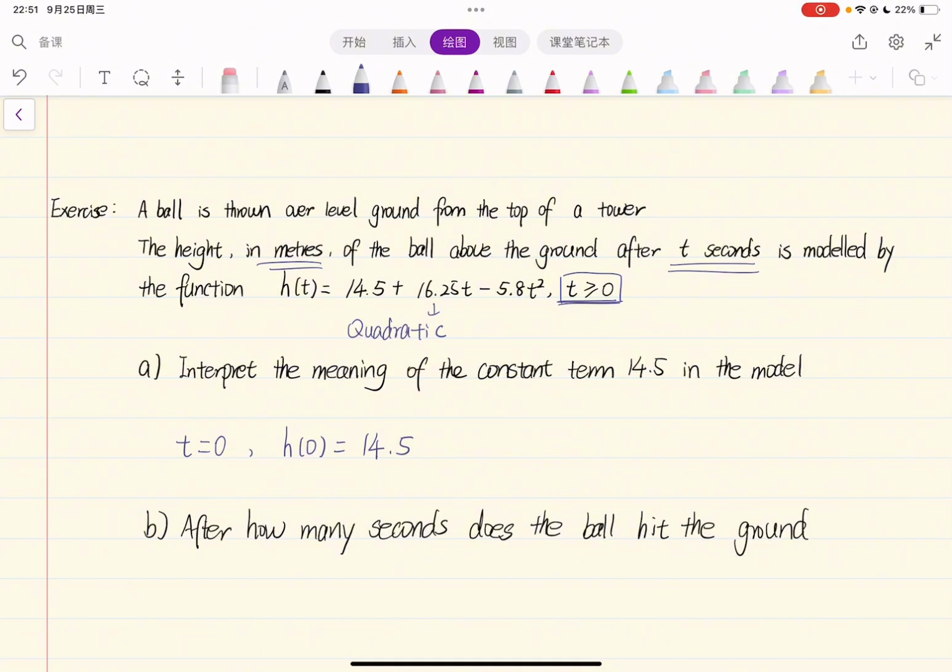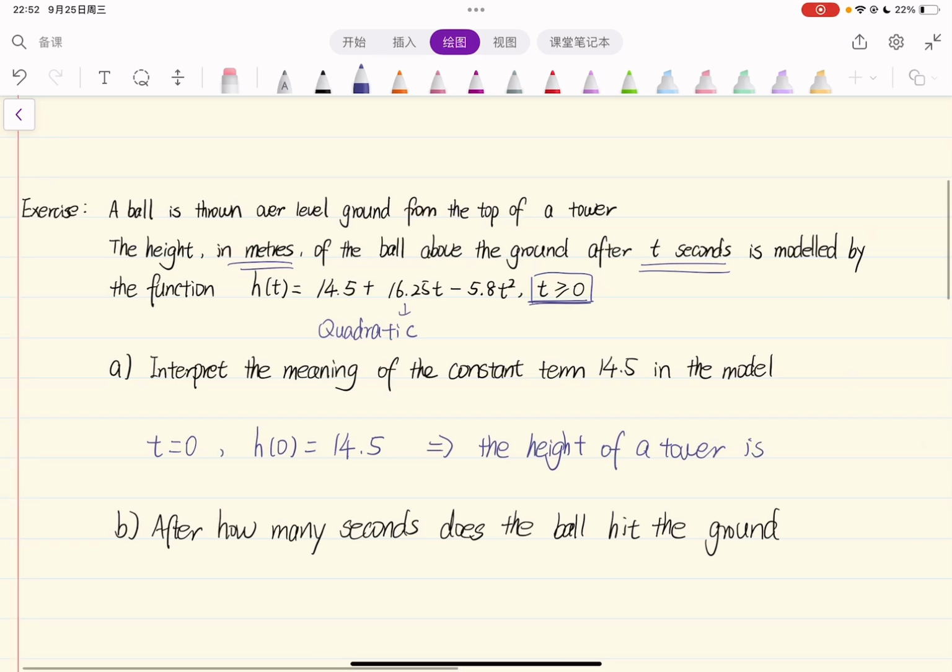The ball is on the top of the tower. So it means it is the height of the tower. It implies the height of the tower is 14.5 meters. Don't forget to write the unit.